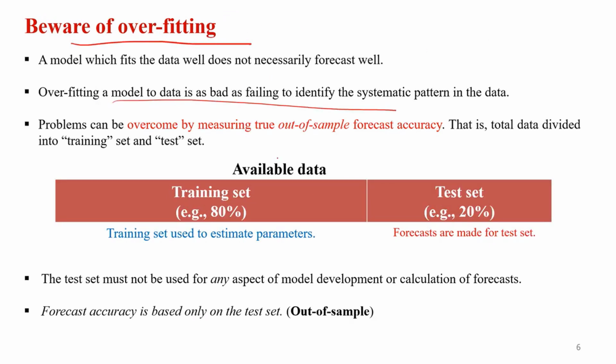So the better idea is that we should always try to report at least the out of sample forecast error, or a rolling horizon. So what is out of sample?